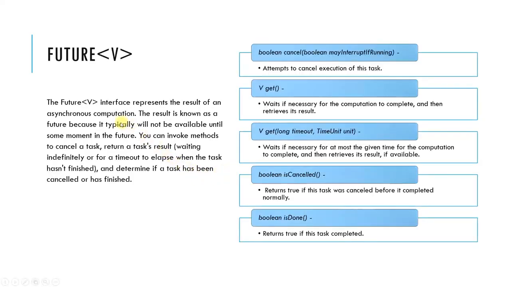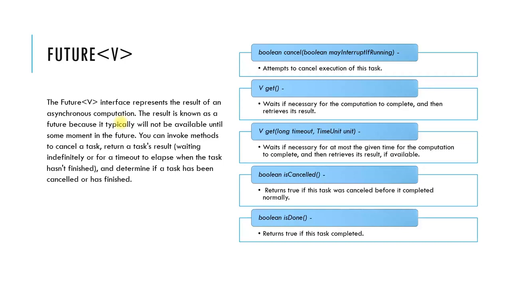The Future interface represents the result of an asynchronous computation. When we use a Callable in the executor, as a result of the call we get an instance of the Future interface.